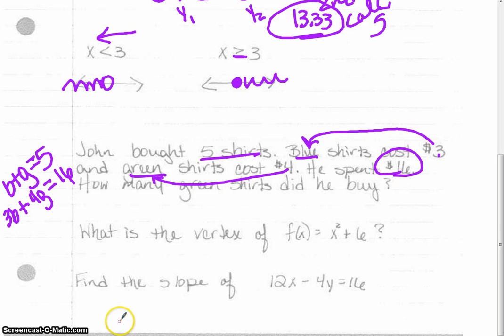So now you've got to solve this. What you would want to do here is get something by itself, probably your G. So for the first one, this becomes G is equal to 5 minus B. The other one, it's going to become 4G is equal to 16 minus 3B. And then everything is divided by 4. What you could do here is put parentheses around that and then say divided by 4 to take that away.